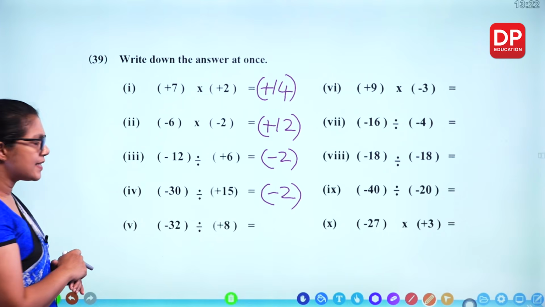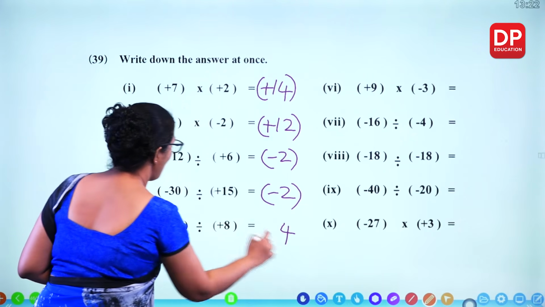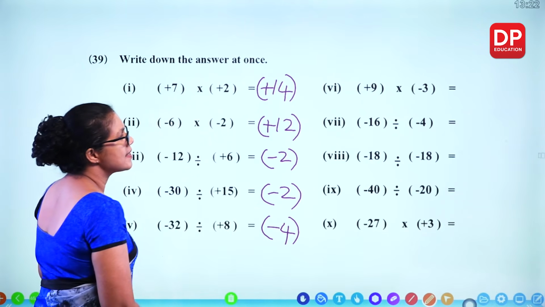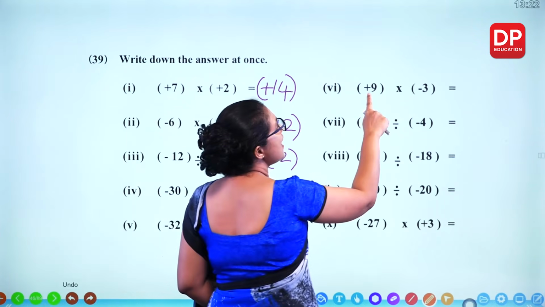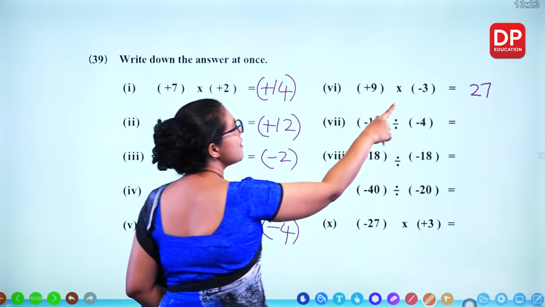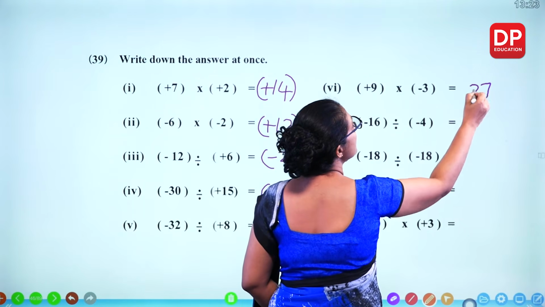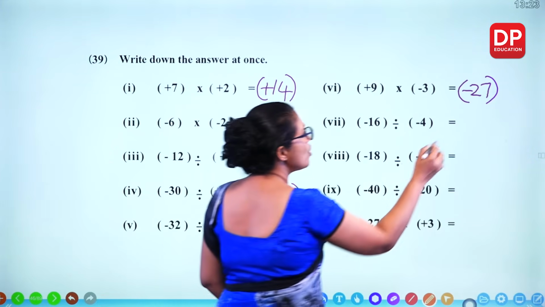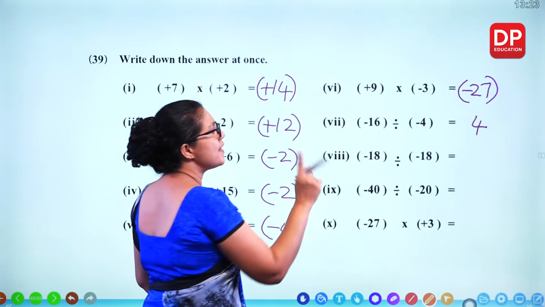32 divided by 8. You get 4. One is negative, one is plus means answer is negative. 9 times 3, 27. One is positive and one is negative, that's minus. 16 divided by 4, you get 4. Both negative.